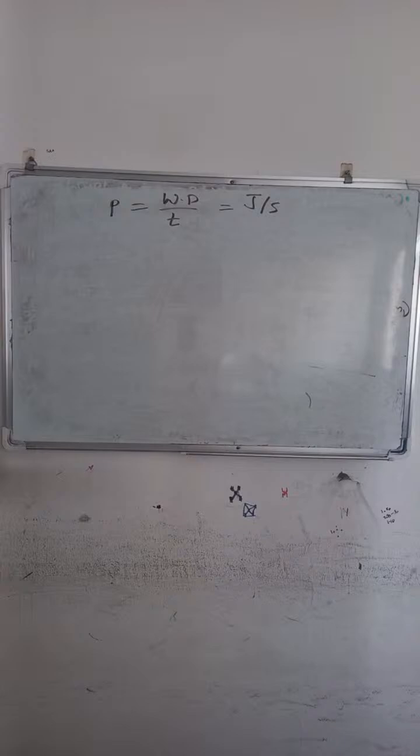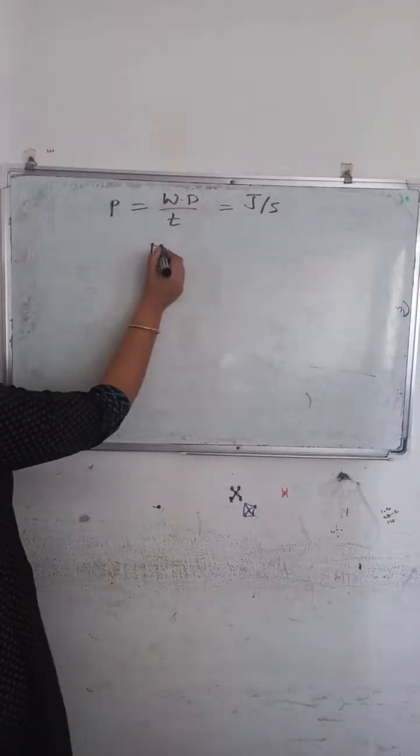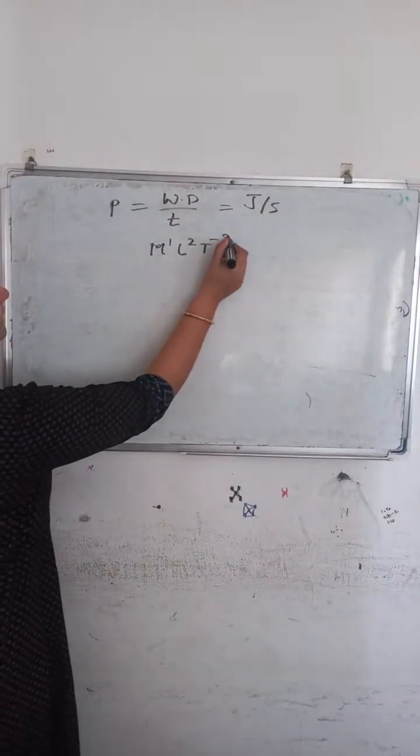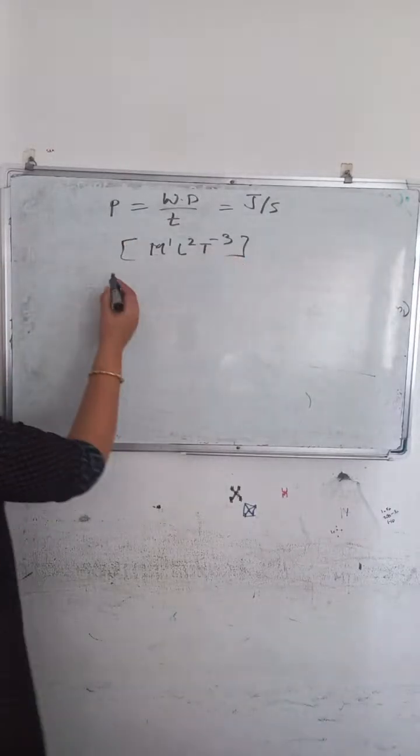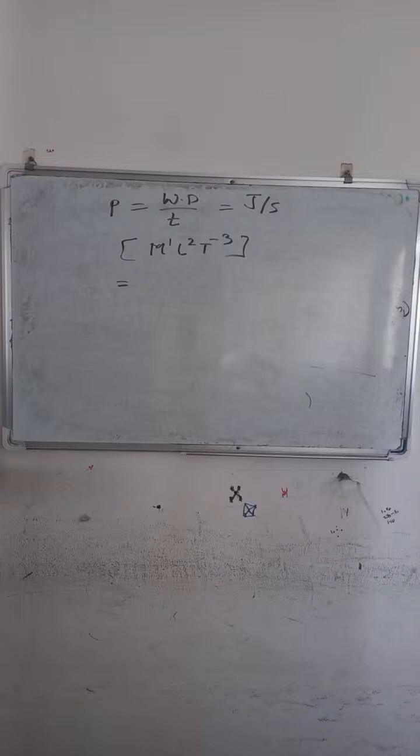So joule per second is also known as 1 watt, and its dimensions are M1 L2 T minus 3. Here, if you take any mechanical device and you are calculating the efficiency, always remember the efficiency of any ideal body is 100%.